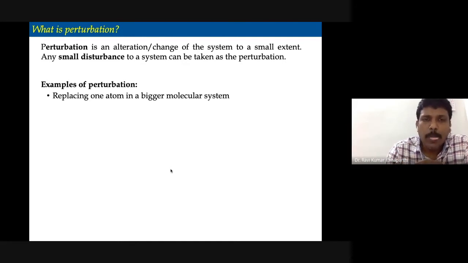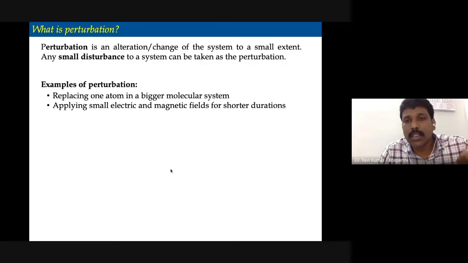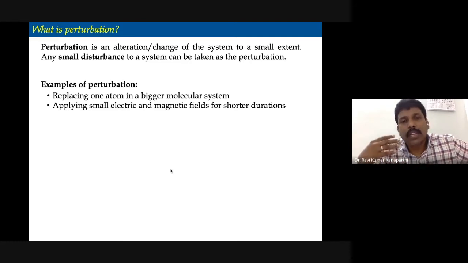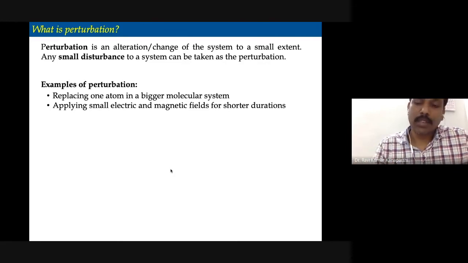Similarly, we also apply electric and magnetic fields. While studying the properties of materials that we prepare in our laboratory day to day, we apply different electric and magnetic fields for a short duration of time. Those things you can take as a perturbation.